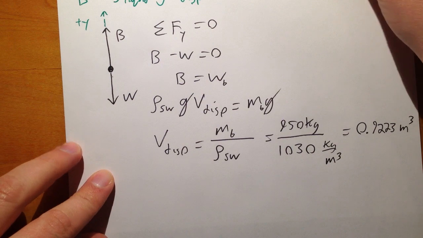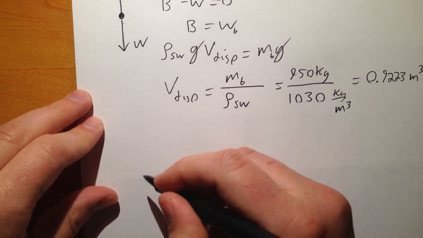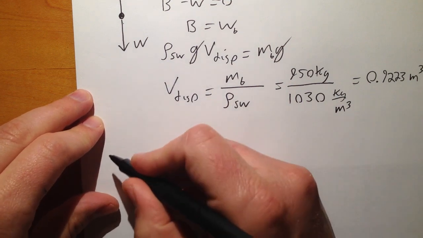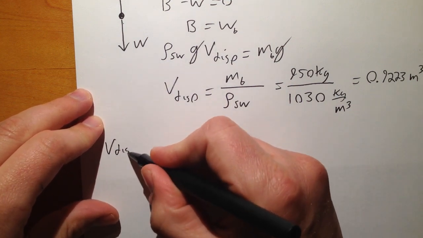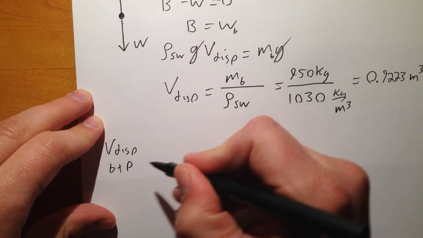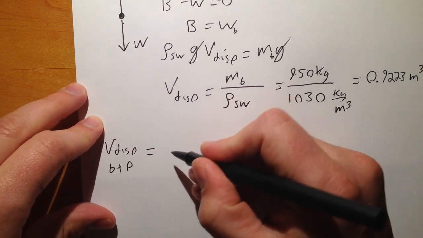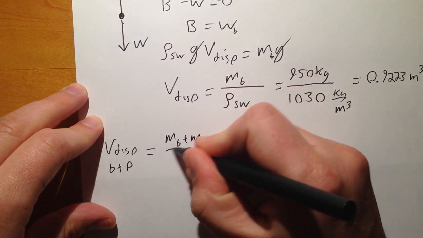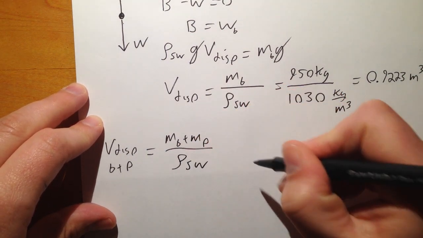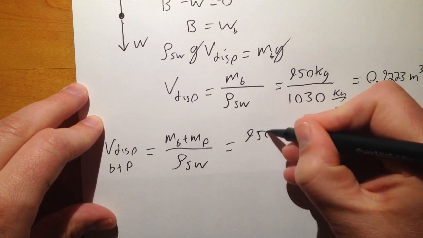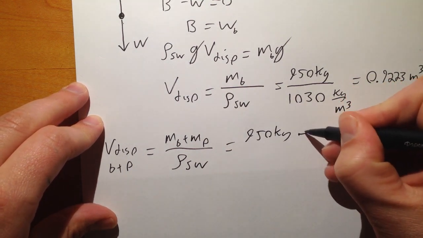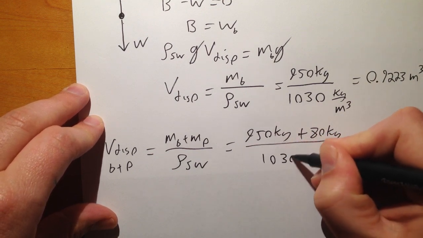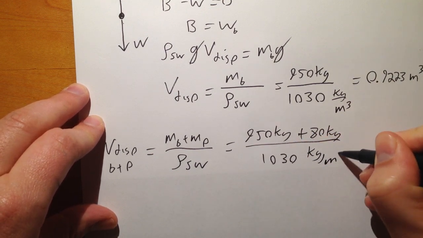Again, we can use this formula we derived already, and the volume displaced by the buoy plus the person must be equal to the mass of the buoy plus the mass of the person divided by the density of seawater. So this is just 950 kilograms plus 80 kilograms divided by 1,030 kilograms per cubic meter.